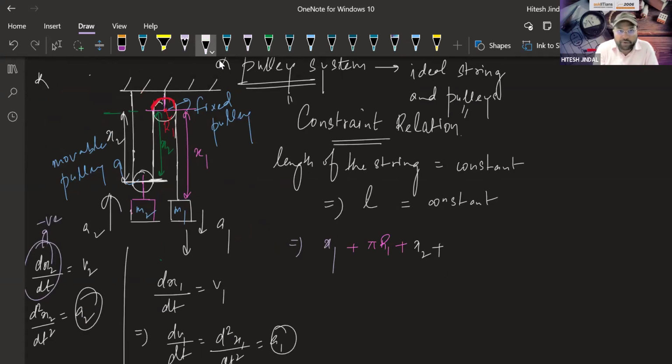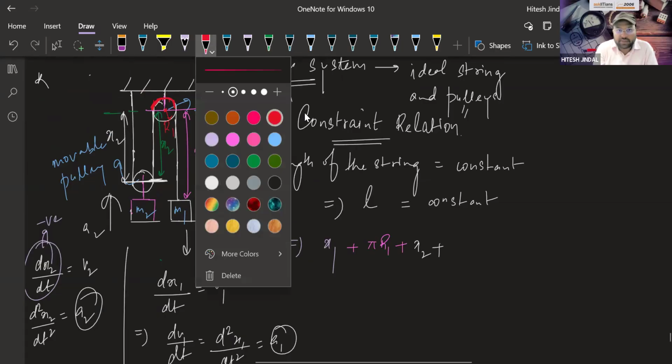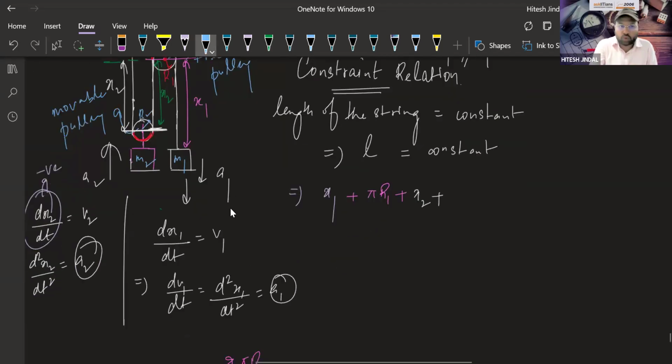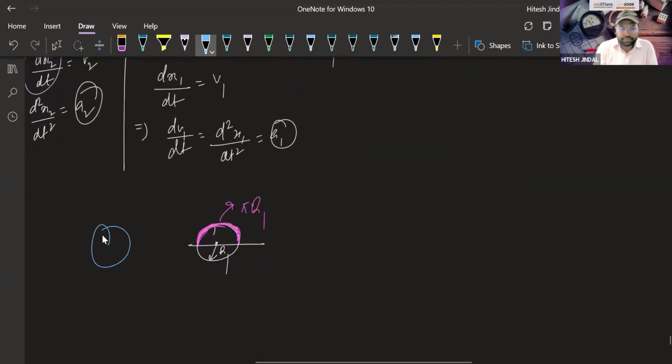Plus, now we have another pulley. So I have some length here also. Its radius might be different. Let's say R2. So if its radius is R2, we have some part of the string here also.